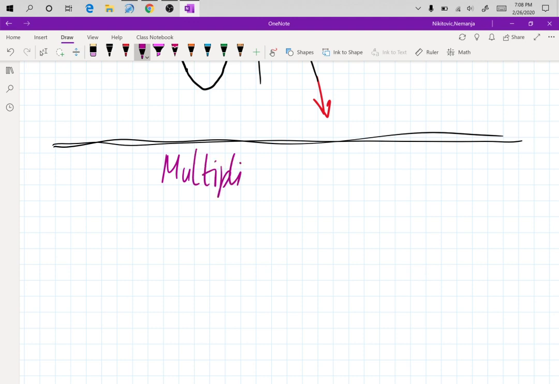Multiplicity of the root. Unfortunately, it uses the lowercase m just like a slope. Please don't confuse them.